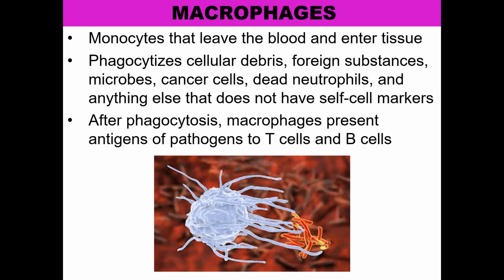They're going to come in after the neutrophils and then kind of clean up the mess. They're also going to take the antigens, the disease-causing parts in the pathogen, and show it to the T cells and B cells. Those are T lymphocytes and B lymphocytes in the adaptive branch.